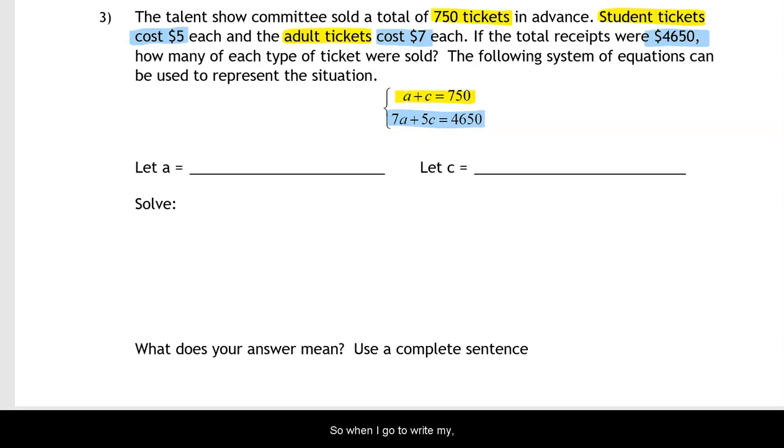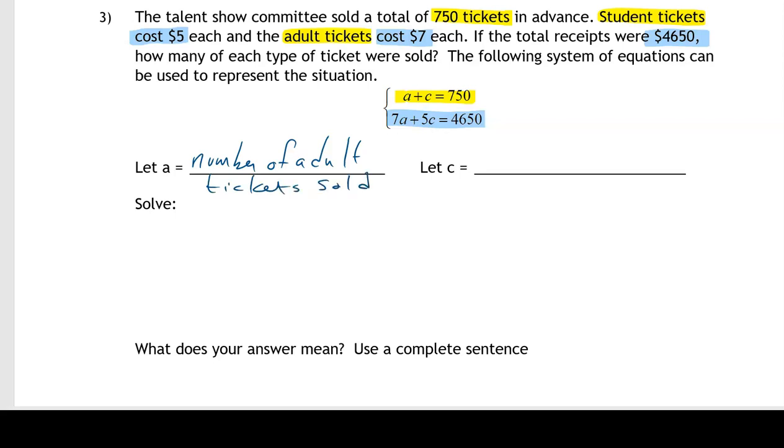So when I go to define my variables, that A went with the $7, so those are the adult tickets. So that is the number of adult tickets sold.